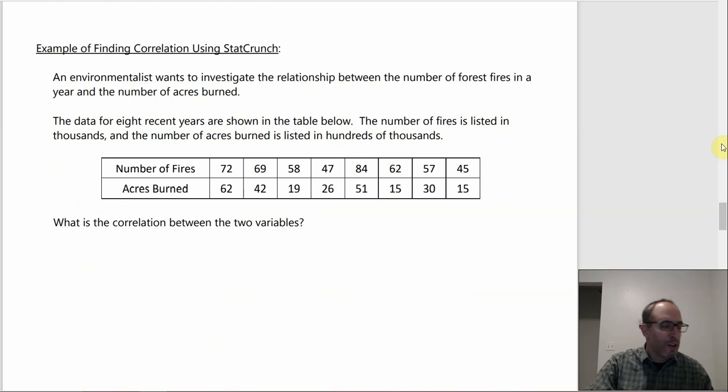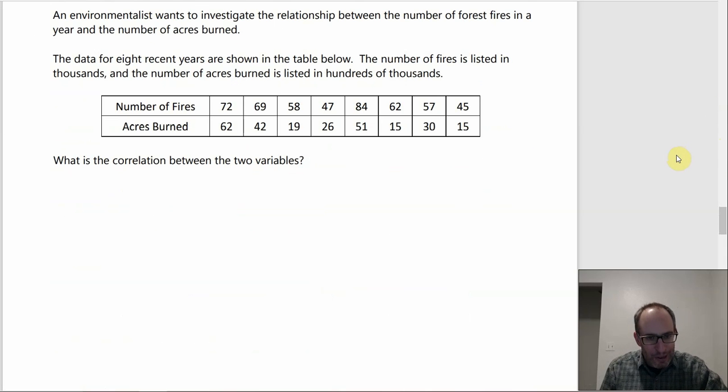Okay, so then finding correlation using StatCrunch if you had to type in the data. That's the idea here. Because I already have this in a spreadsheet, I just made 2 columns, because that's what you want to do in StatCrunch. If you had to type it in by brute force, I don't think you would have to on the homework.